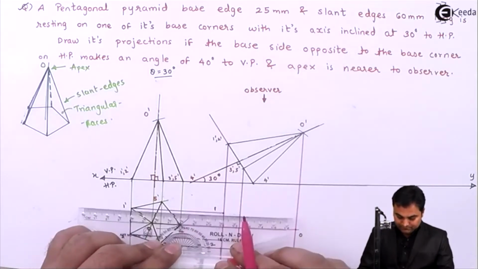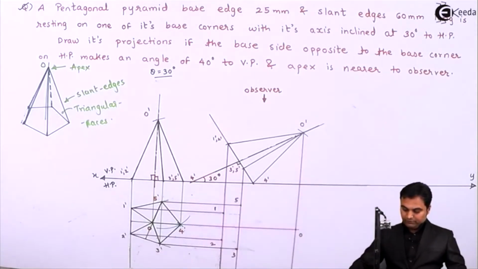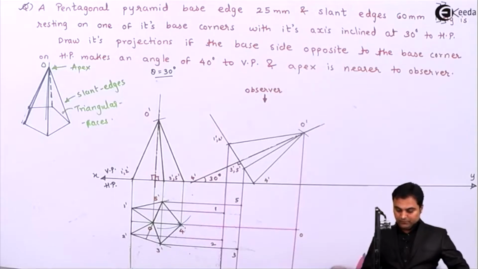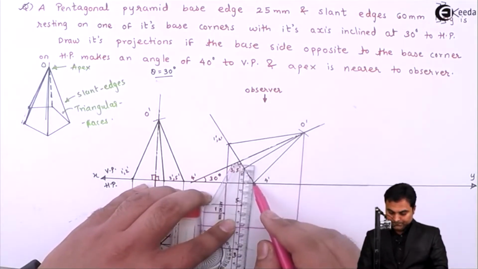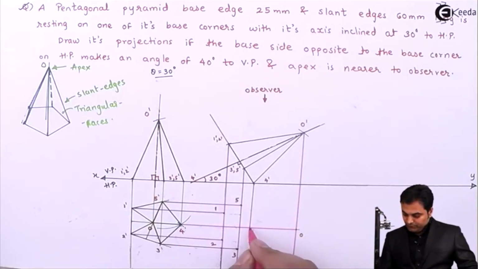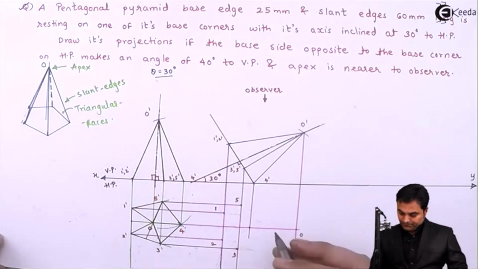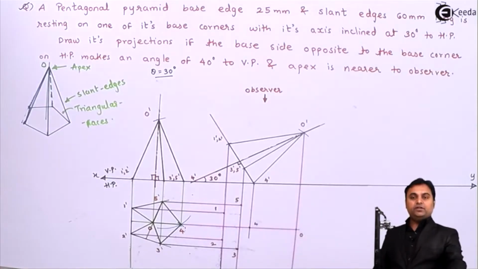Point 5, point 4 dash will be projected from the front view. And here in the top view it is point 4. So this gives me point 4.